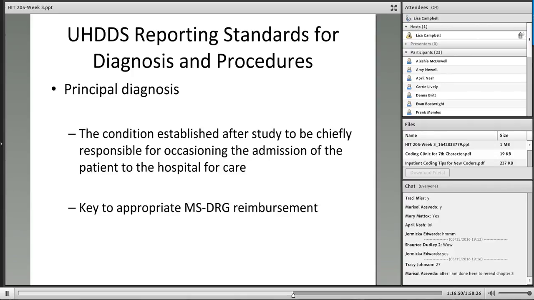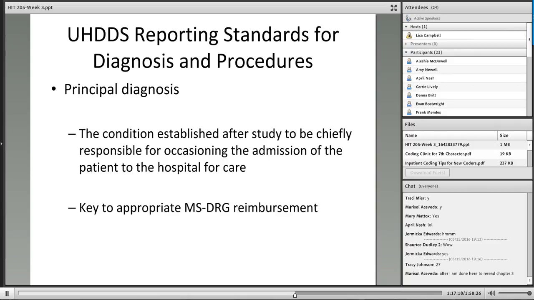Which conditions required more resources during the stay? Which required more workup during the stay? That could be one reason that it can be principal. Other reasons, those guidelines on page 96, 97, 98, and then in the physical code book, page 27. So let's look at an example.